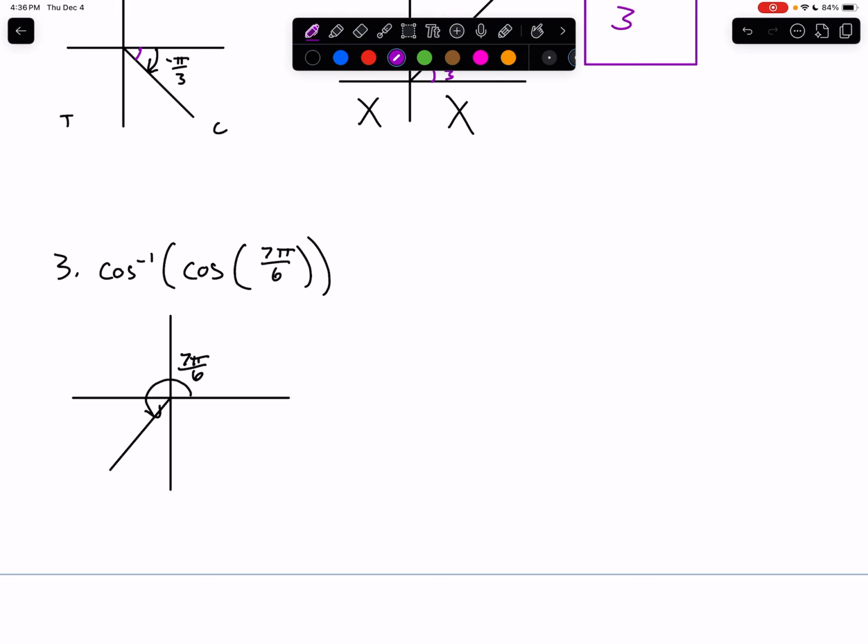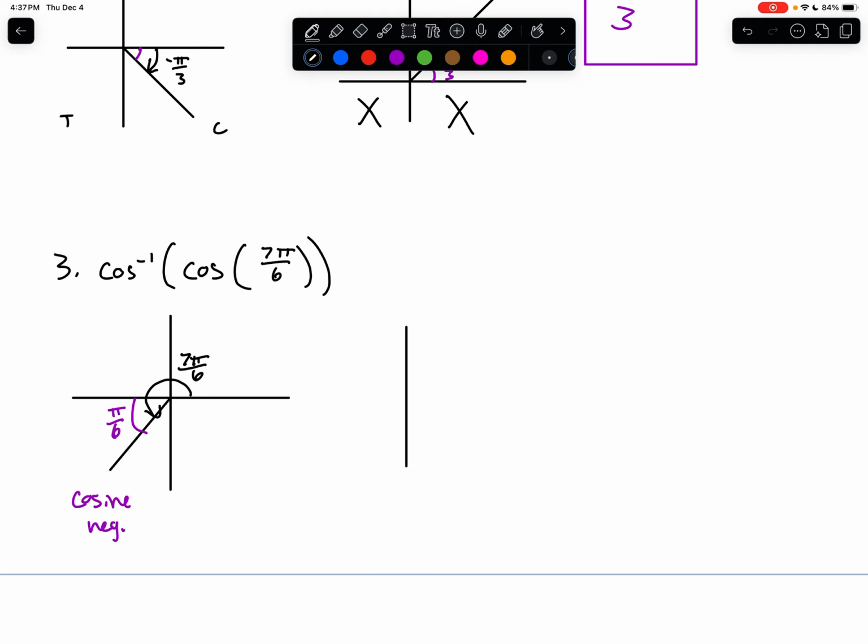It has a reference angle of just pi over 6 because this full guy is pi, which is 6 pi over 6. So to get 7 pi over 6, I just need one more pi over 6. And then I also know that cosine is negative in quadrant 3.